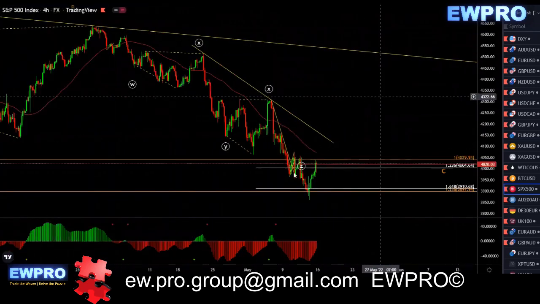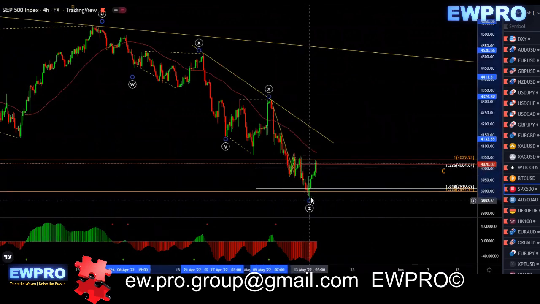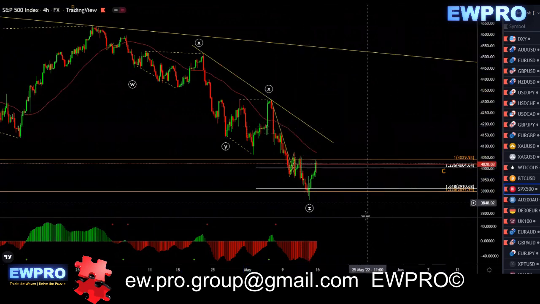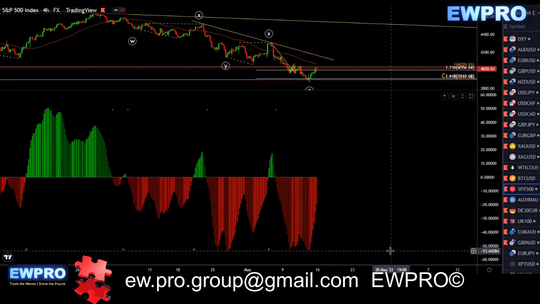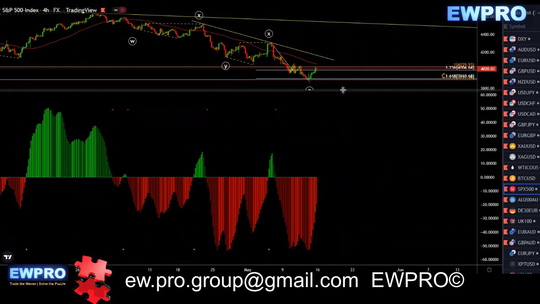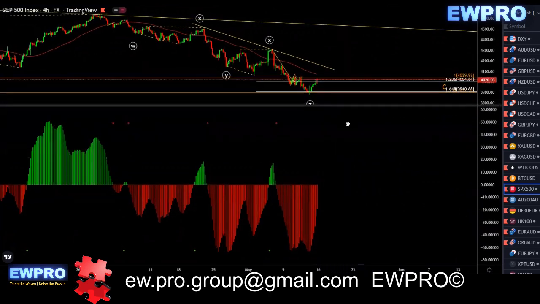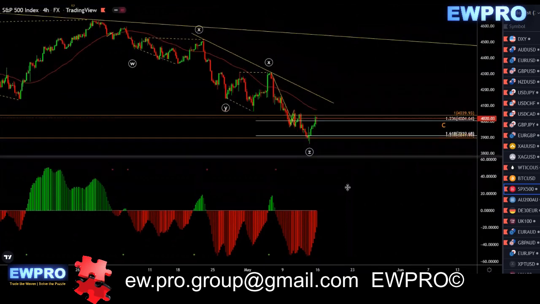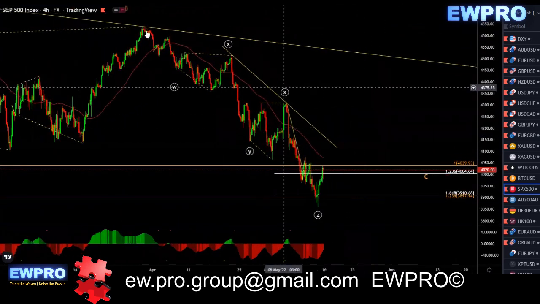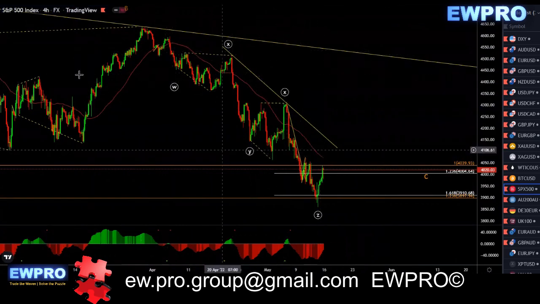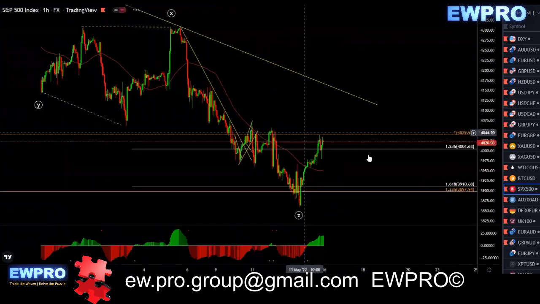On the H4, did the bullish divergence hold? I think it did, just. I think the bullish divergence did hold just. But yeah, really, we got the 5 down on the H4. Is there a buy setup?